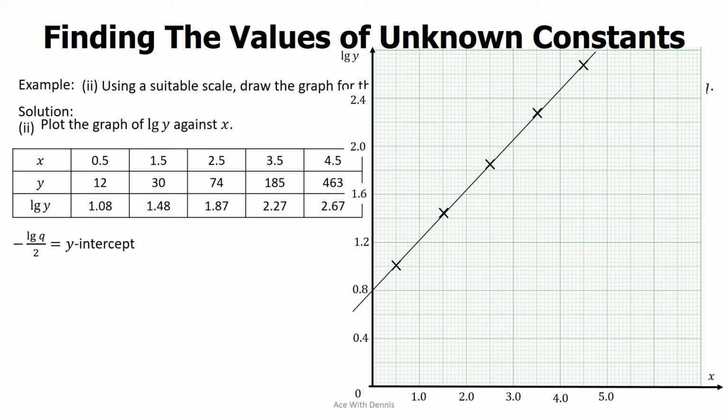Now from here we can start to find the constants p and q. So we know that the negative log q over 2 is the y-intercept. So this is the y-intercept. The value is 0.8. Now negative log q over 2 equals 0.8. Solve this equation. q will be equal to 0.025.